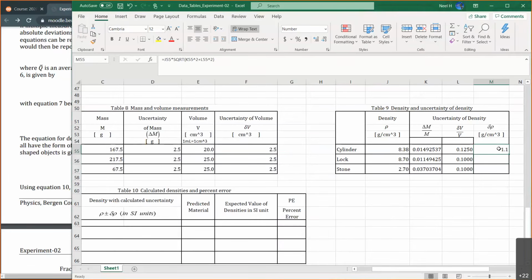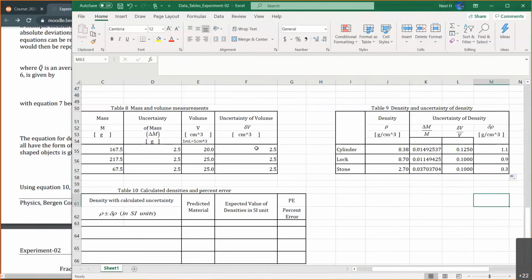Let's calculate the rest. If you go into the previous cell, click on the right-hand side, the very bottom green solid dot, and drag downward. It will calculate the rest automatically for you. Question.